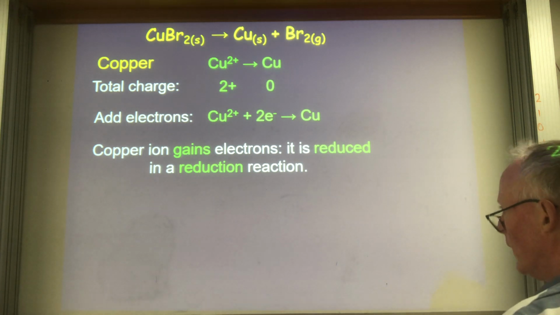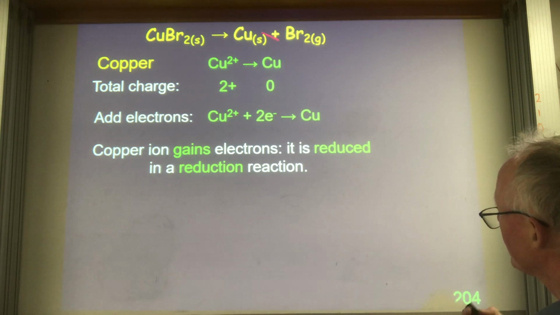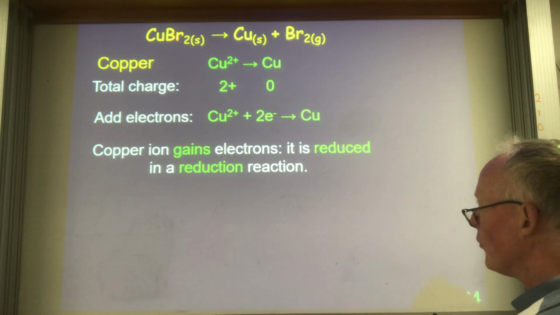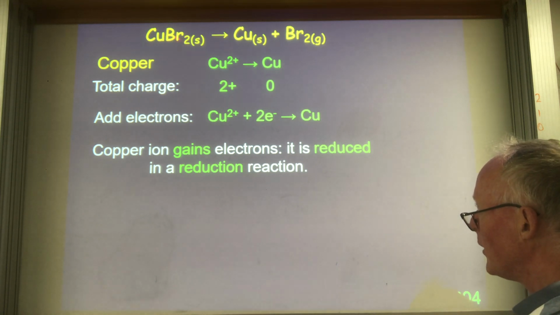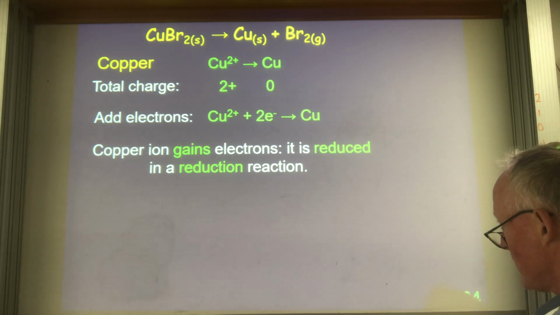Now, where are the copper ions getting those electrons from? Well, the copper ions are stealing the electrons from the bromide ions. Because the copper ions are removing the electrons from the bromide, the copper ions are actually oxidising the bromide, causing the bromide to be oxidised.